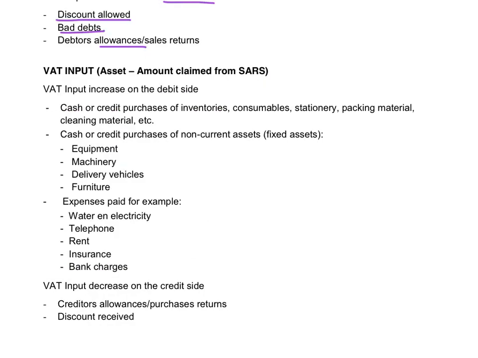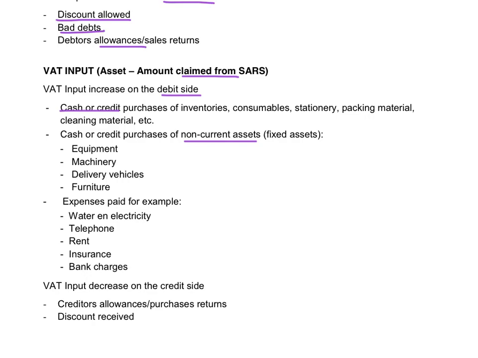VAT input is an asset because this is the money that can be claimed from SARS. VAT input will increase on the debit side because assets increase on the debit side. This will consist of cash or credit purchases of inventories, consumables, stationery, packing material, cleaning material, any inventory that you buy. Cash or credit purchases of non-current assets, so on your fixed assets. If you buy any of them, you can claim the VAT back from SARS.